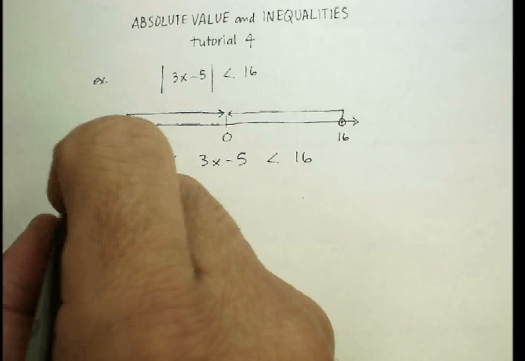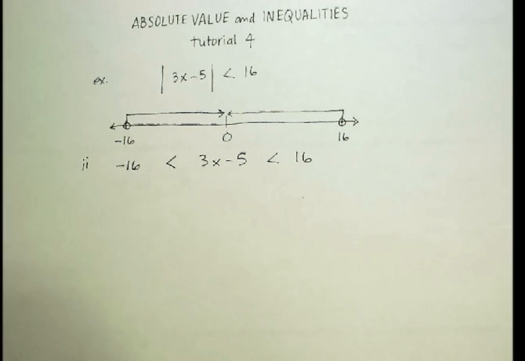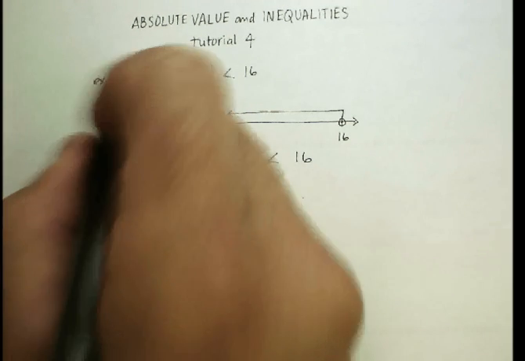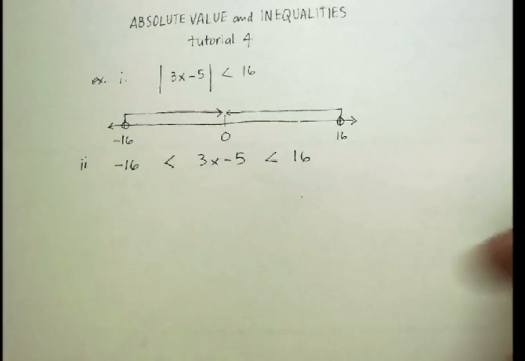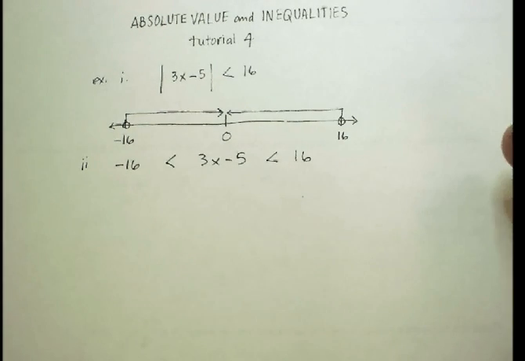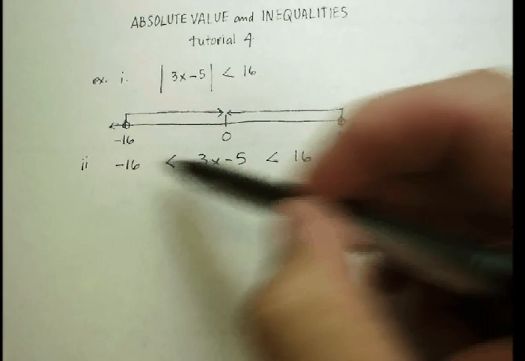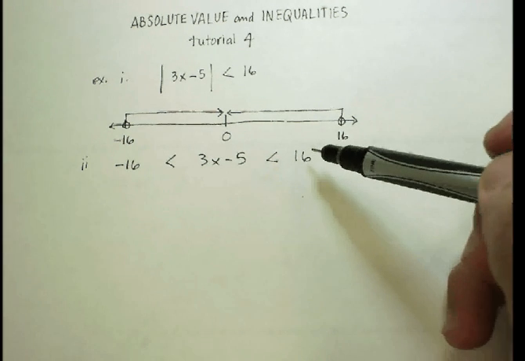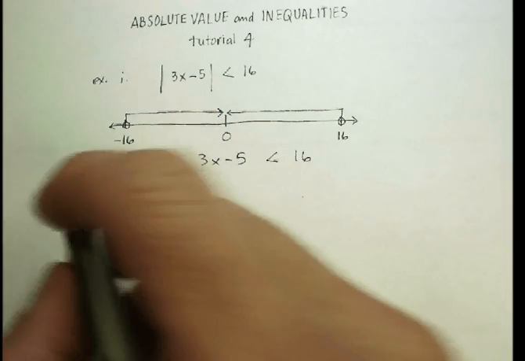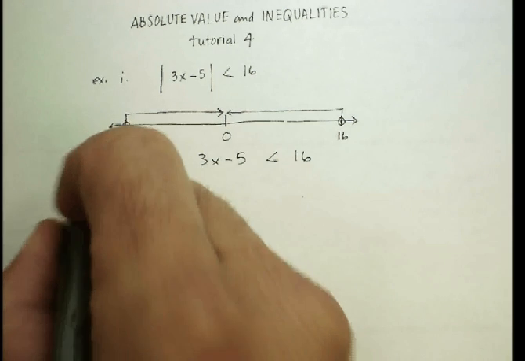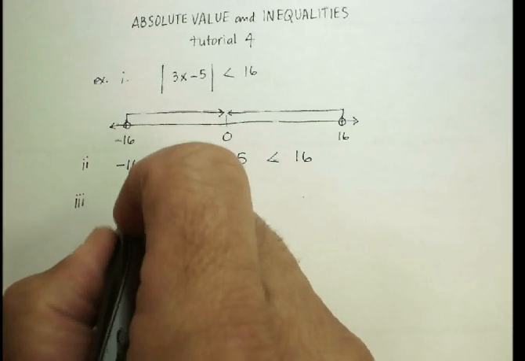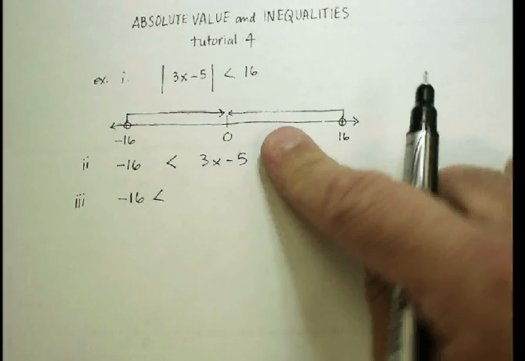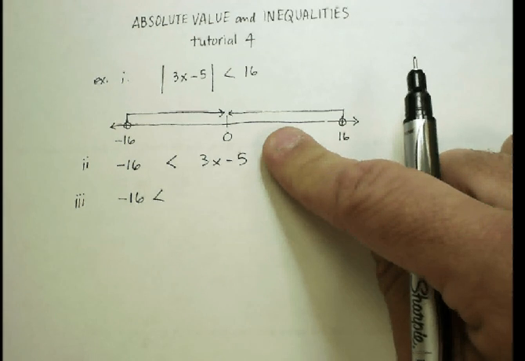Okay, now once I've got this, I'm going to call that my step 2. We'll call this my step 1. Once I've got this, I'm going to break it up into 2 smaller problems. Remember what I always say, difficult problems are just simple ones that they've stacked together. So in my third step, negative 16 is less than 3x minus 5.